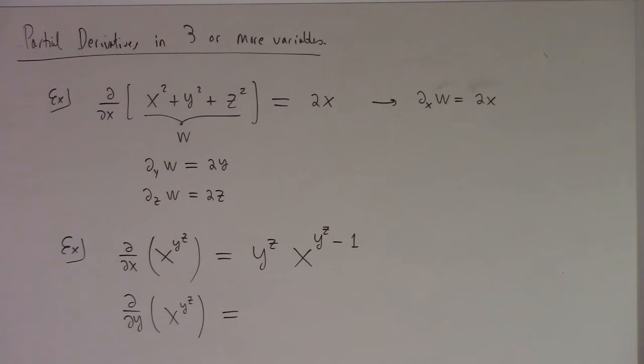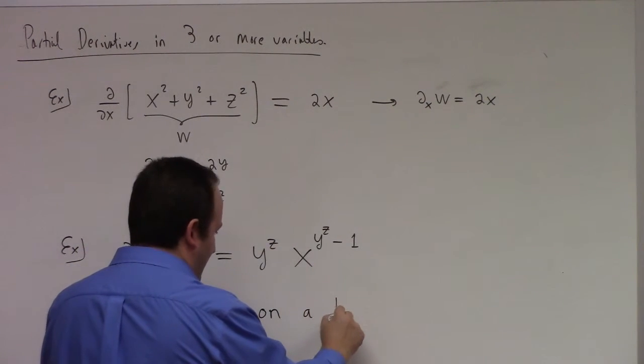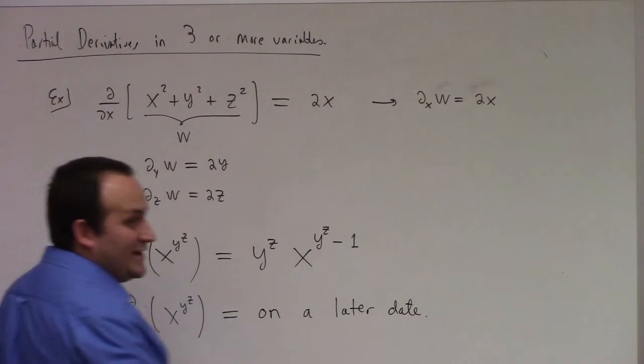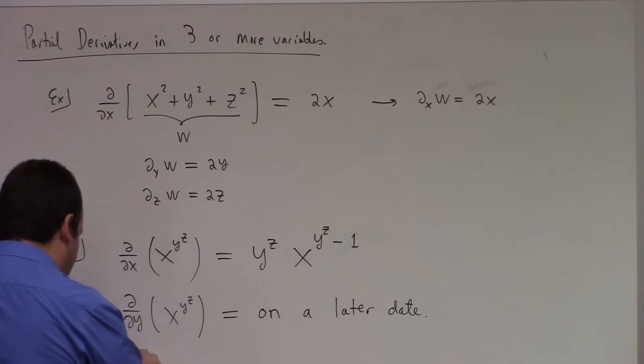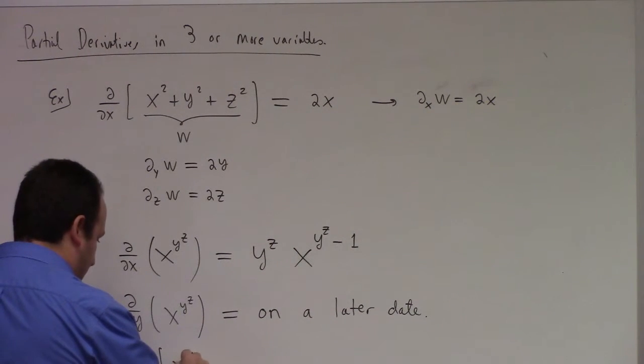The responsible answer to give you is on a later date. I could show you how to do it right now, but technically speaking, there are some techniques we're supposed to talk about before I do that example. Yes, sir? It's multivariate implicit differentiation, yes. But this one we can do. So I'll do this one.